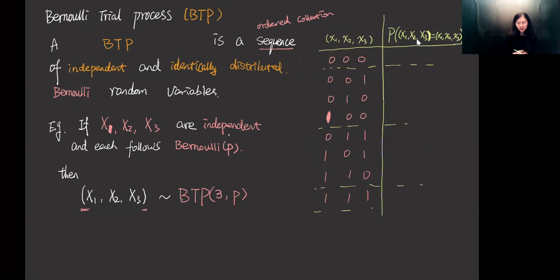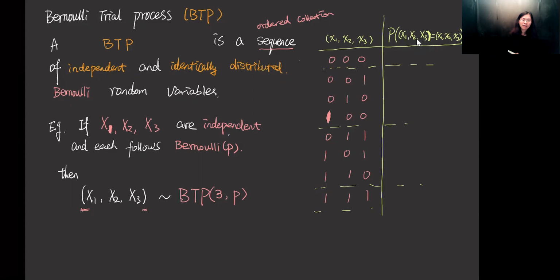And we can calculate the probability of each outcome using the independence between x1, x2, and x3. So the probability that x1 equals 0, x2 equals 0, and x3 equals 0 equals the product of the probability of each of them being 0.